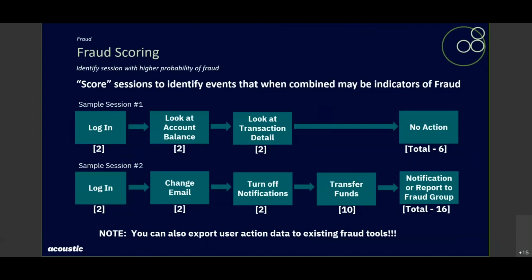Again, may not be fraud, but the suspicion is certainly much higher with that one than on the previous. So either notifications could be sent directly to a fraud team, or reports can be provided so they're able to zero in on the very specific set of sessions that have the highest potential for fraud.